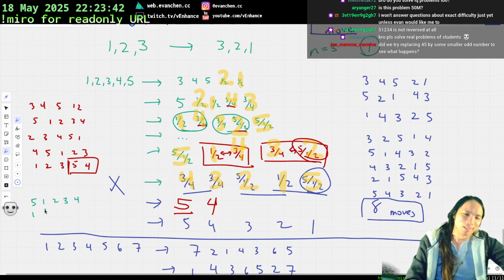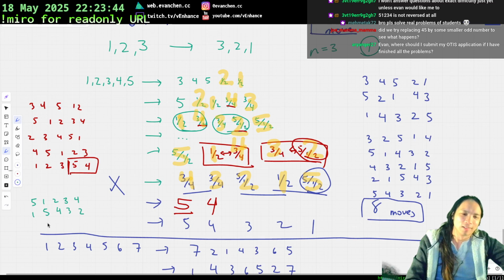Sorry, 1 5 4 3 2 or 4 3 2 1 5. Yeah, these are the set of end states I'm trying to reach.